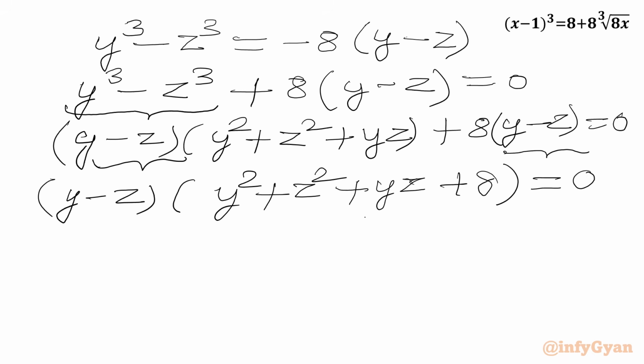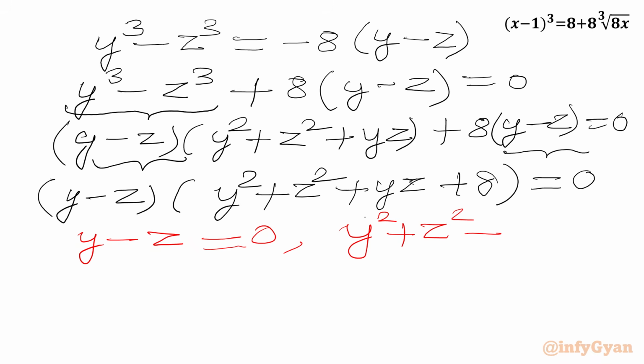Now we can apply the product zero rule. So we will be writing two equations. Either y minus z equal to 0, or y square plus z square plus yz plus 8 equal to 0.